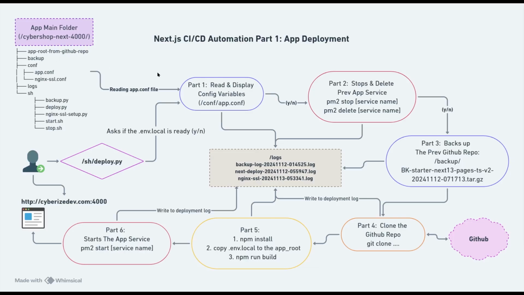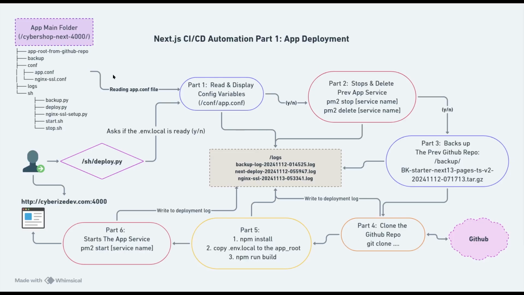Once that's done, it zips up the folder and renames it with bk as a prefix and a timestamp as a suffix, with .tar.gz, and pushes it inside this backup folder, and then it's done. Next step, we clone the new GitHub repo. At this point the script is smart enough to know whether or not the previous repo is there. When we're running it for the first time, it's just going to skip the backup and go ahead and do the cloning.